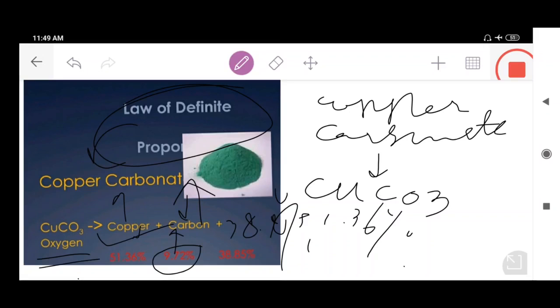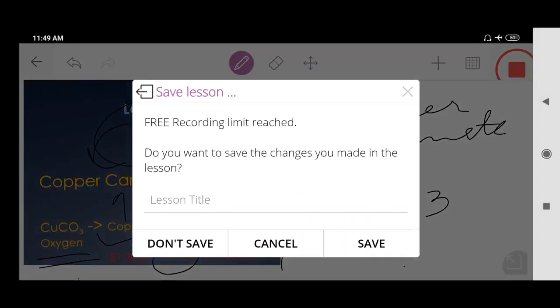Now we are going to discuss one of the numericals regarding the law of conservation of mass. We discussed two important laws: the law of conservation of mass and the law of definite proportion.